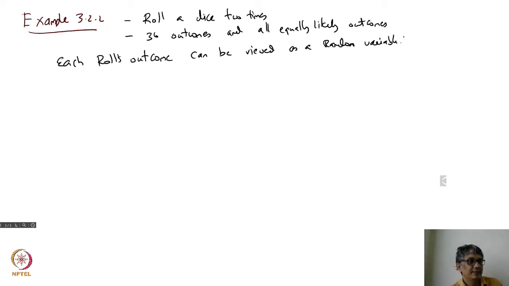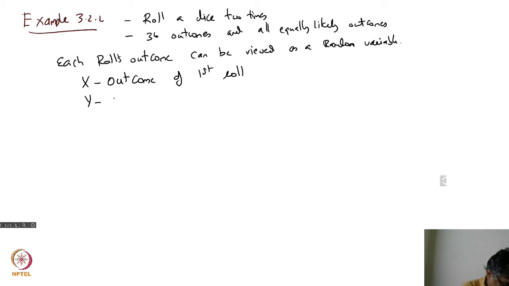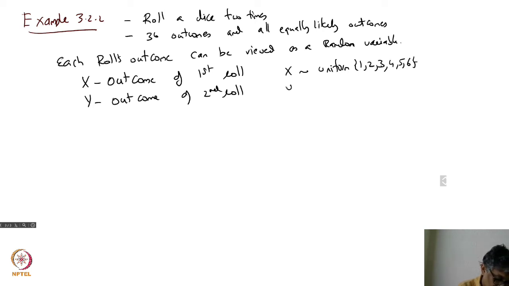Let's say X is the outcome of the first roll and Y is the outcome of the second roll. Then from last class, you can easily check that X is uniform on the set 1, 2, 3, 4, 5, 6, and similarly Y is also uniform on 1, 2, 3, 4, 5, 6.